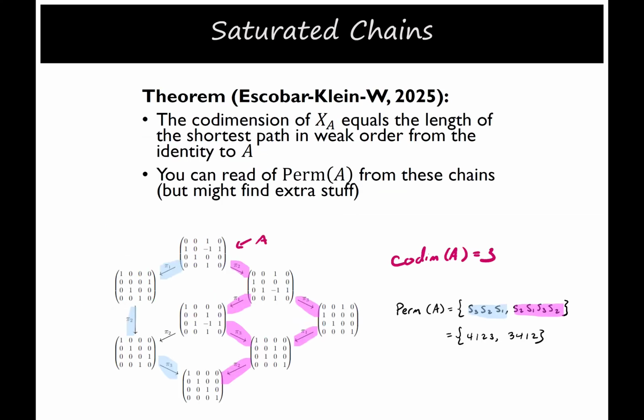You can also think about saturated chains in weak order intervals from your favorite ASM down to the identity. You can read off information like the codimension. The codimension of an ASM you can of course compute by looking at the perm set and the minimum Coxeter length of the permutations in there, because for matrix Schubert varieties, codimension is just the inversion number of the permutation.